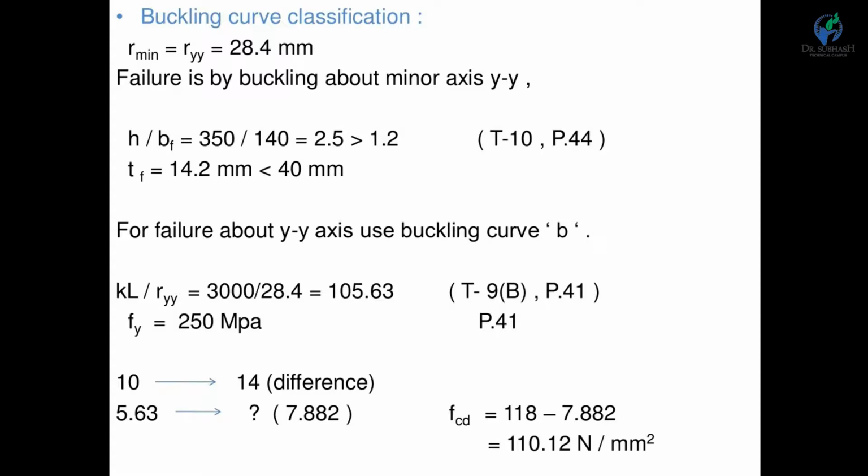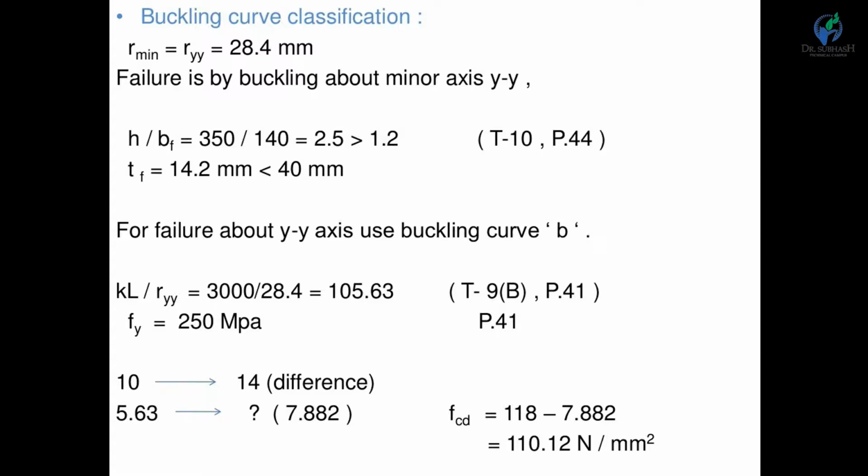In our case, R minimum is equal to 28.5. Now failure is by buckling about the minor axis YY. RYY is minimum, so our failure axis is YY, and we consider the YY section for the failure axis.